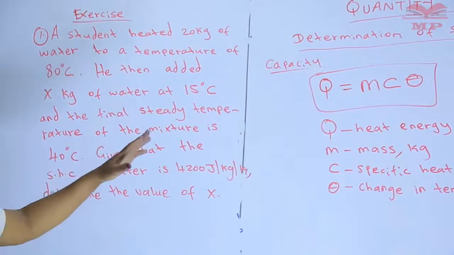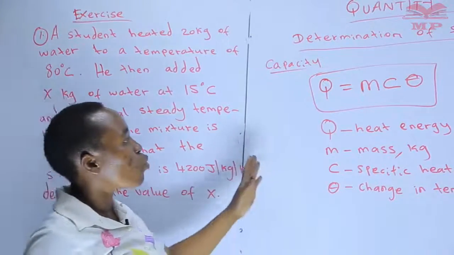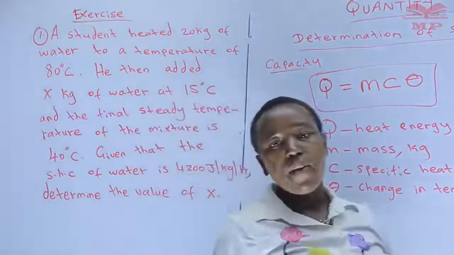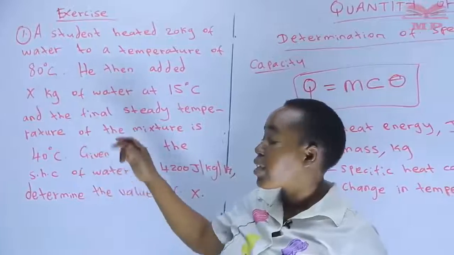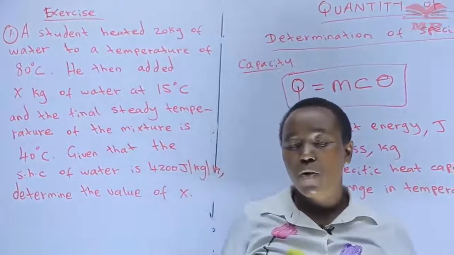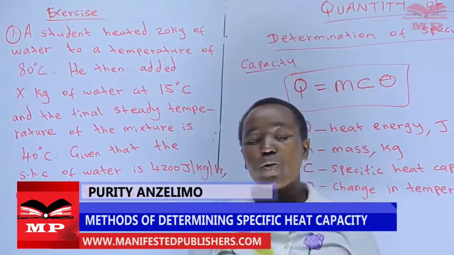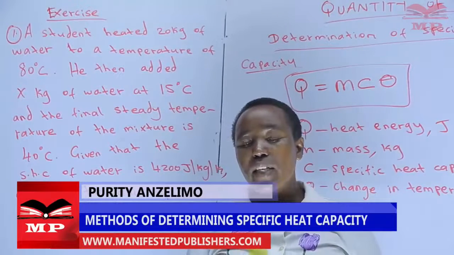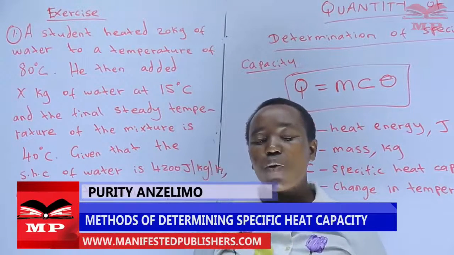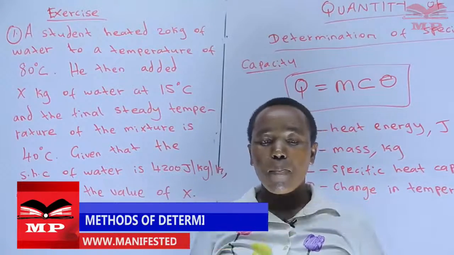So you can apply what we have been able to look at and find the value of X. And X here is the mass of that water. So during our next lesson, we'll continue with the determination of specific heat capacity, but now we look at the electrical method. Thank you.